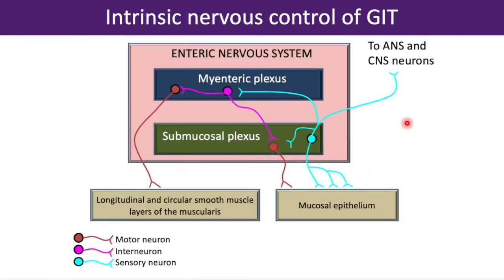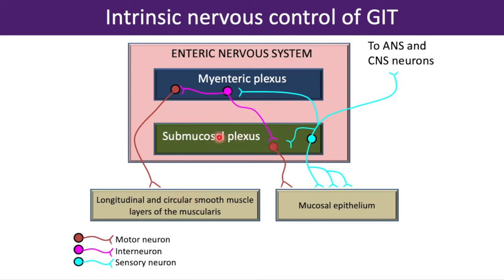This is the summary of the intrinsic nervous control of the GI tract. It consists of two plexuses, the mesenteric and submucosal plexus. There are motor neurons connecting the mesenteric plexus to the longitudinal and circular smooth muscle layers of the muscularis. So when the mesenteric plexus is stimulated, it will send signals to the muscles to contract.